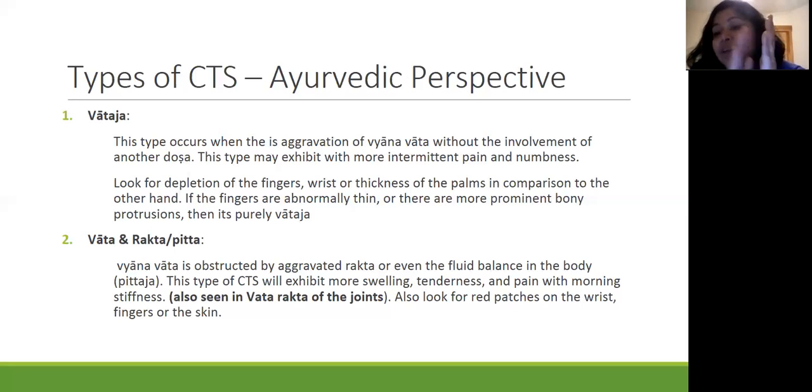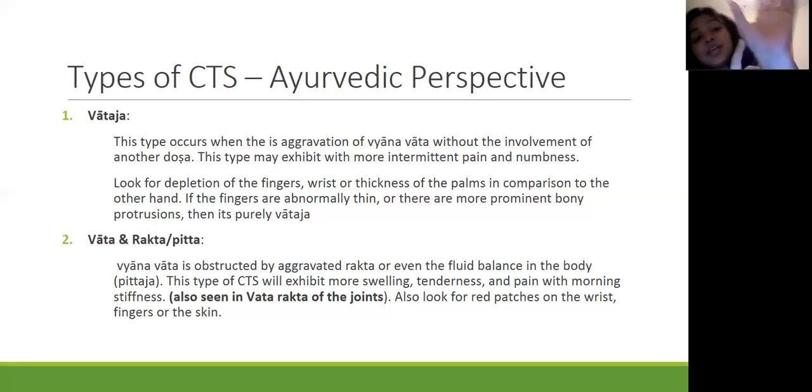The longer the symptoms are occurring, the longer the aggravation of Vata, the more it will start to affect the structures. Okay? So you want to compare the fingers, the wrist, the thickness of the palms compared to the other one. If the fingers look abnormally thin, or also if there are more prominent bony protrusions.